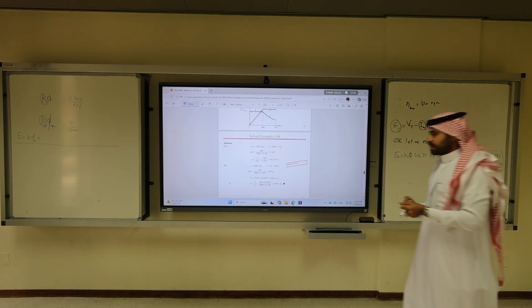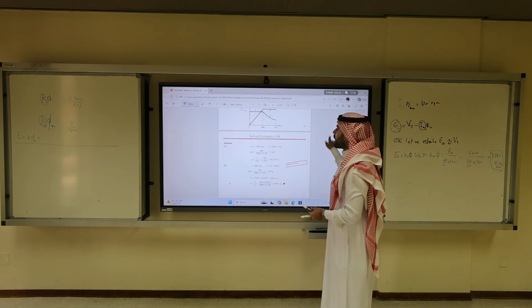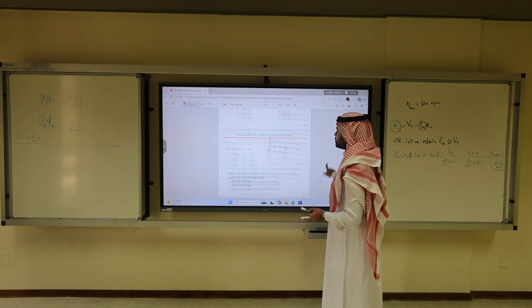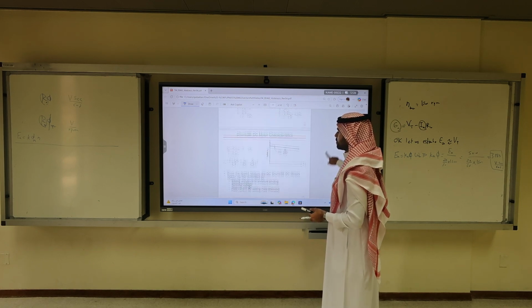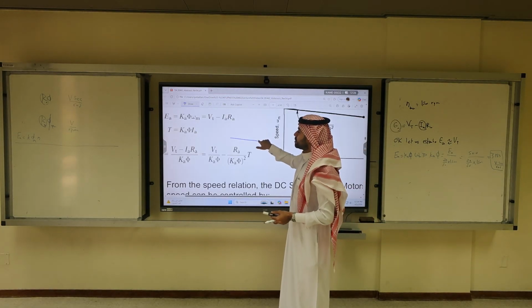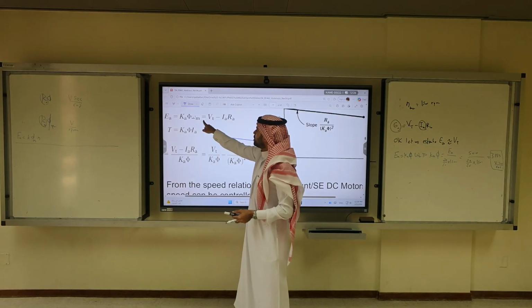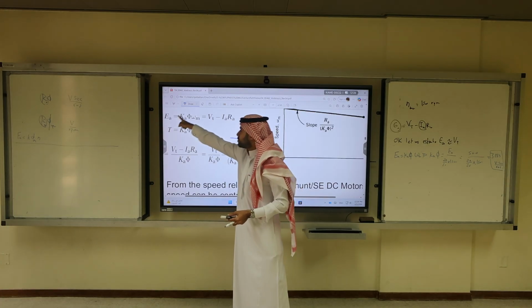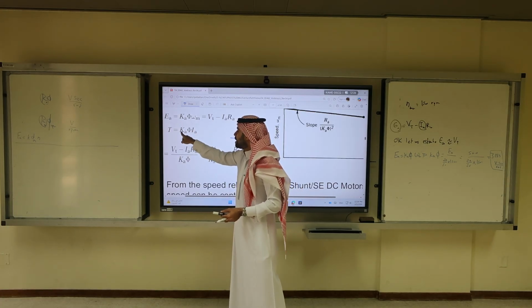Okay? Now let's use the other equations. Go back to the equations for the separately excited machine. Don't we have this equation? We estimated Vt minus Ia Ra to be, roughly speaking, Vt equal to Ea, so we found the constant.